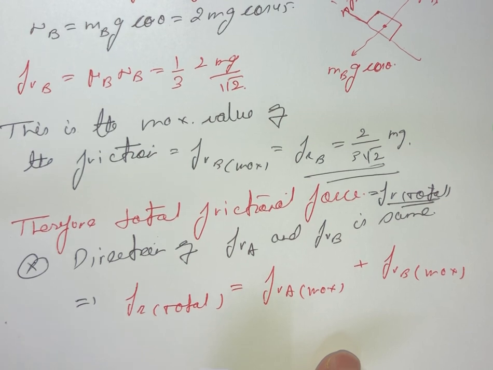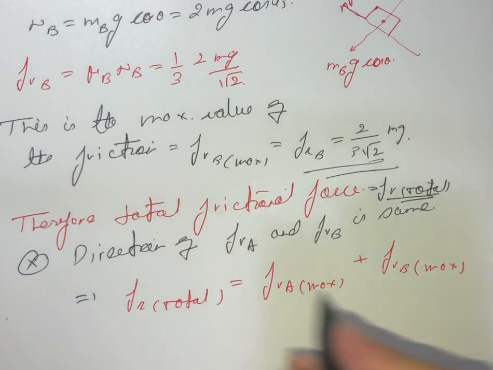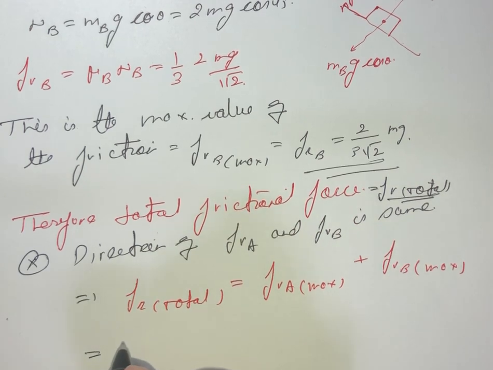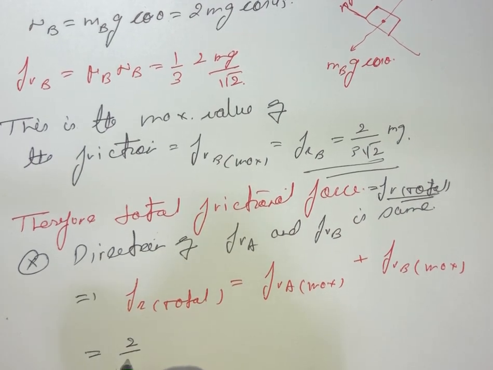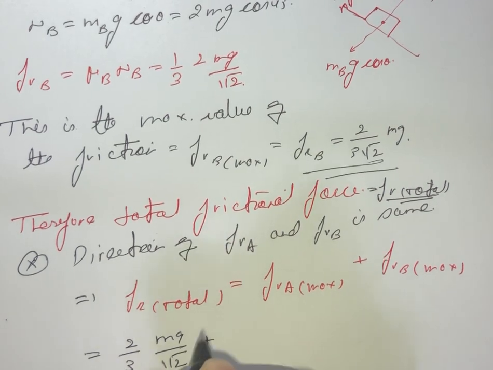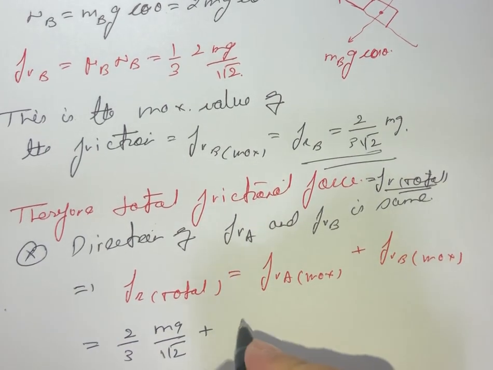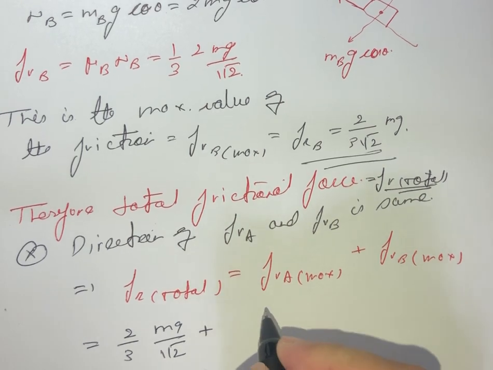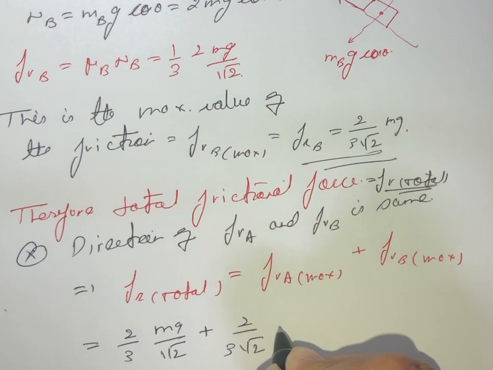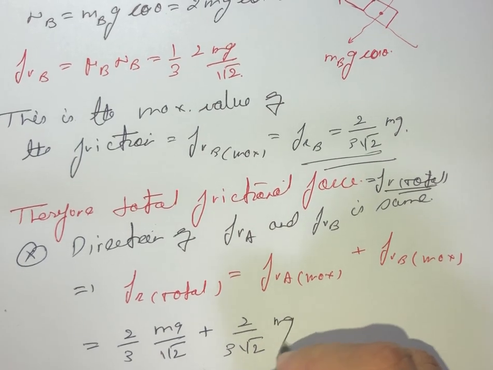So if we add them, we get FRA max is 2 by 3 mg by root 2 plus 2 by 3 mg by root 2.